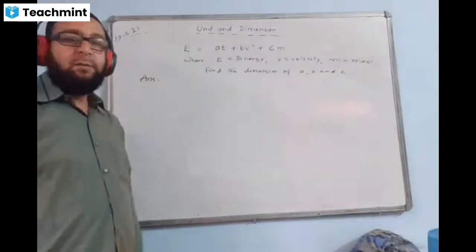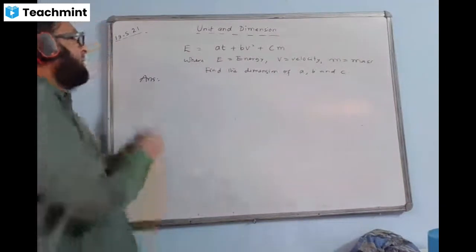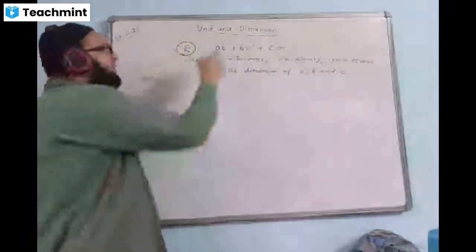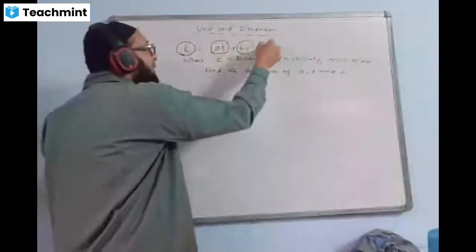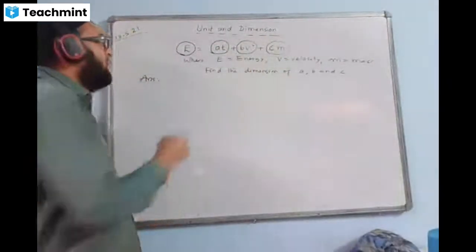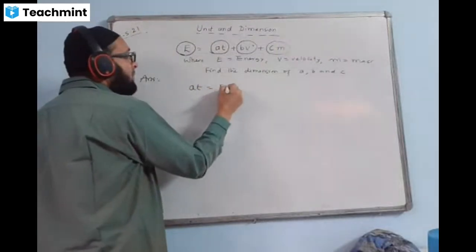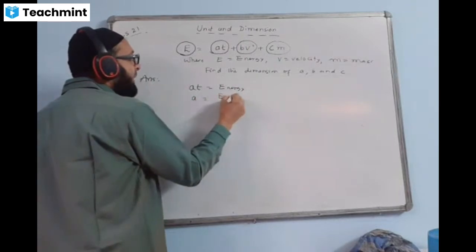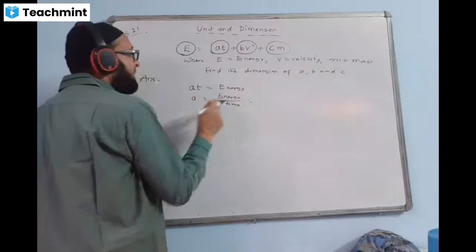Let us do this one. You can just have a look at it. What is E? E is a kind of energy. That means this will be energy only, this will also be energy, and this thing also will be energy. So let us write down AT equal to E. E means energy. Therefore, the A value will come energy divided by time, where T means time.